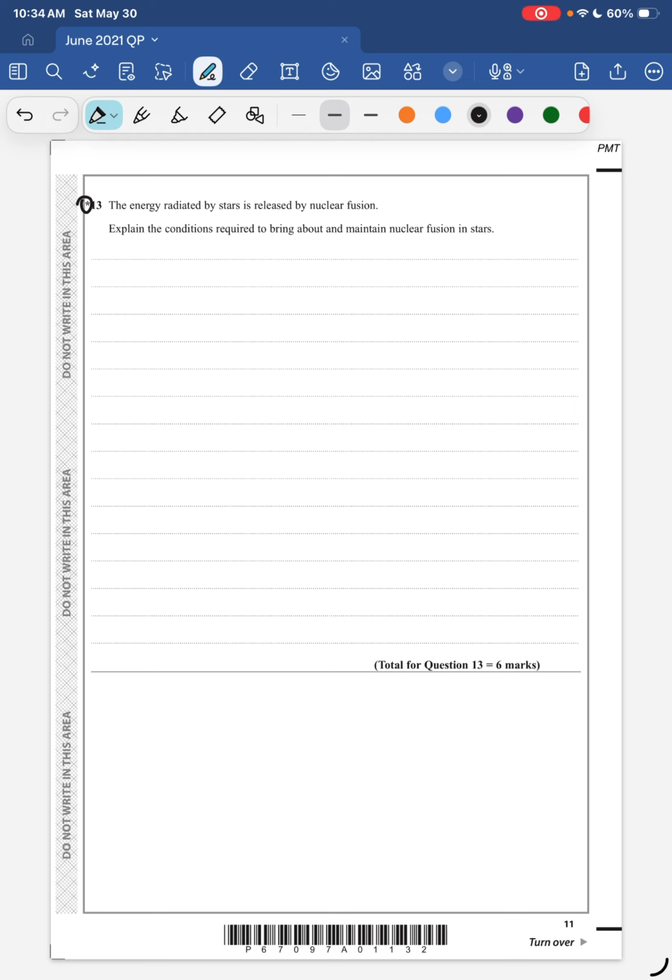So let's go read 13. The energy radiated by stars is released by nuclear fusion. Explain the conditions required to bring about and maintain nuclear fusions in stars. So let's start by saying that nuclei are positively charged.